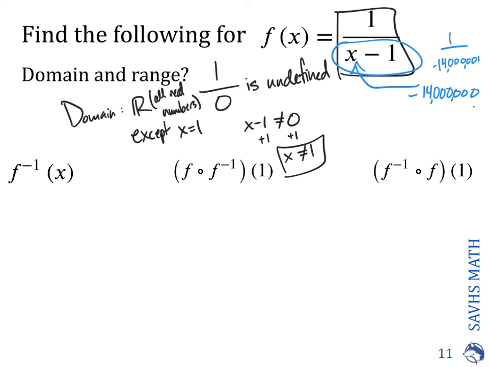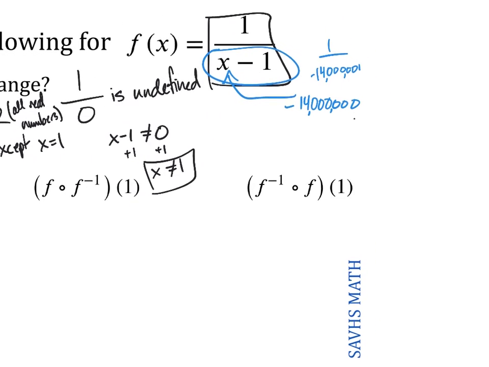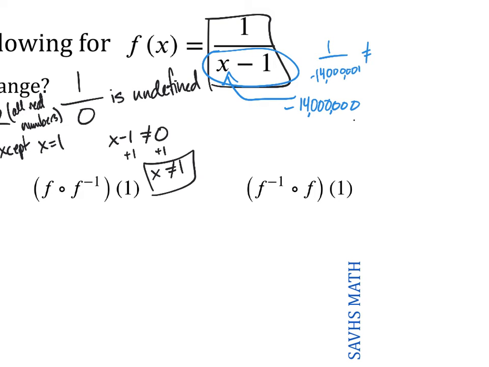That's such a small number, and it's so close to 0, but is it 0? No, it's not 0. If you put in a huge number, like 12 million positive, you're going to get the same thing. You're going to get some number that is super tiny, but it's not quite 0. There is a fancy word for that, and I'm going to introduce that word later this year.